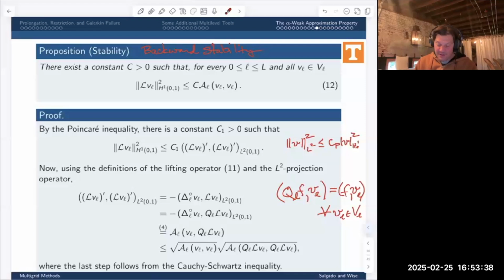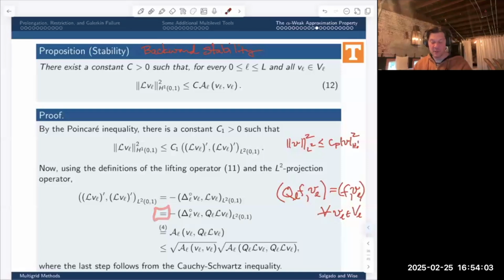But why can I use it in this context? Well, this function here is a piecewise constant function. So the L2 projection is going to satisfy this equation for all piecewise constant functions. So the L2 projection of this object, which is written that way, satisfies this equation for every piecewise constant function, which is what that is. So this is true by definition.